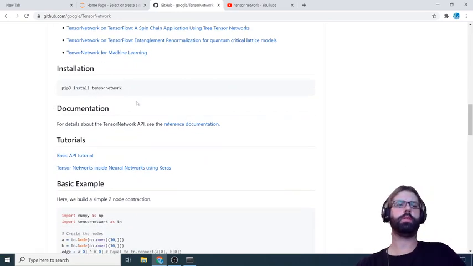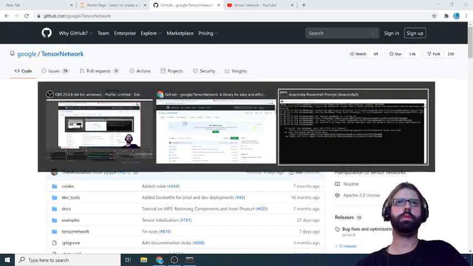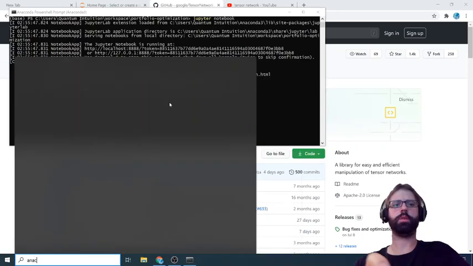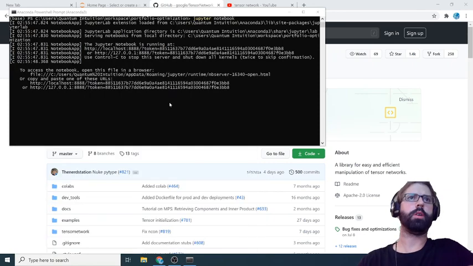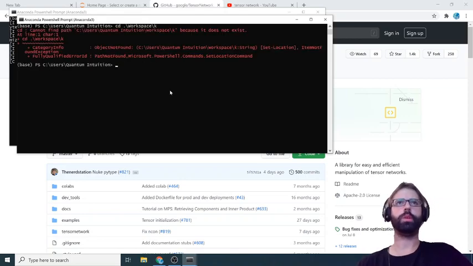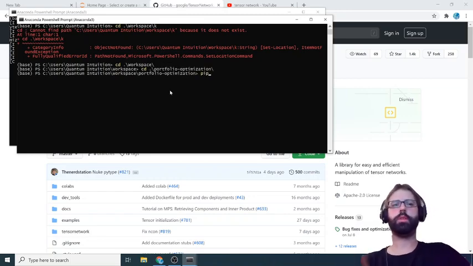Install Tensor. So I'm gonna open another shell. Workspace, and then I'll go to for optimization, pip3 install.